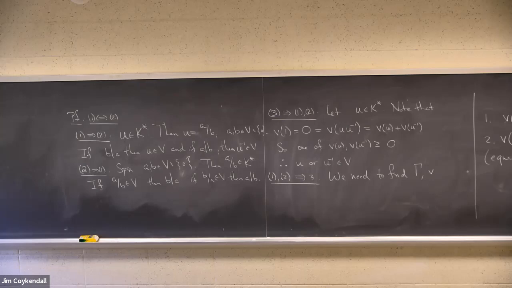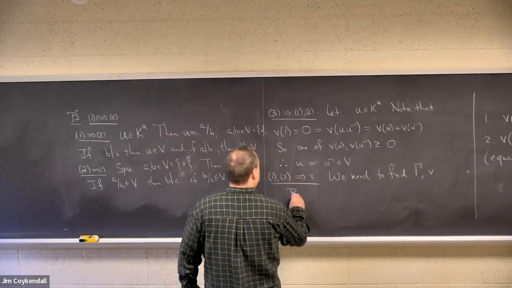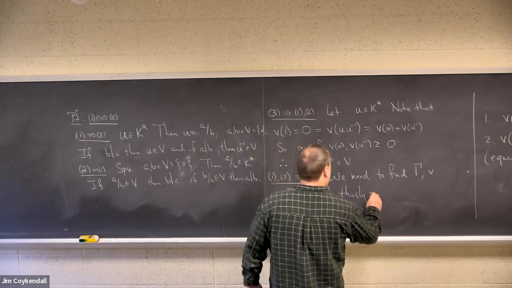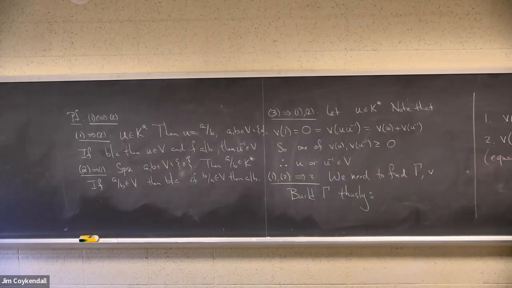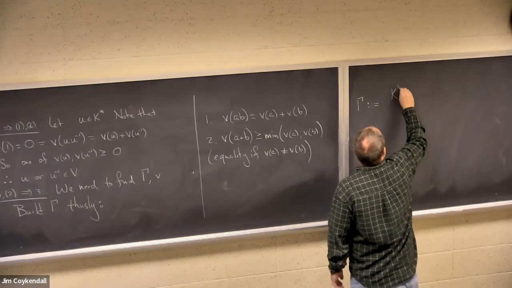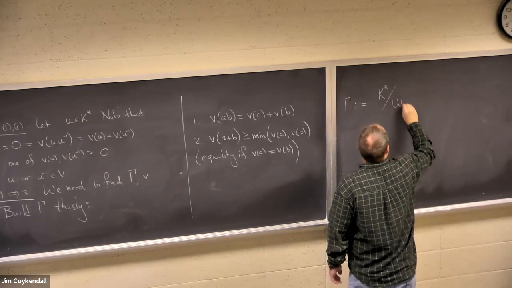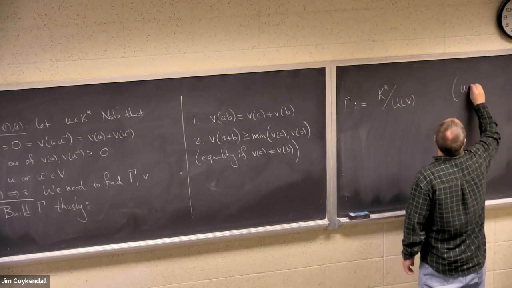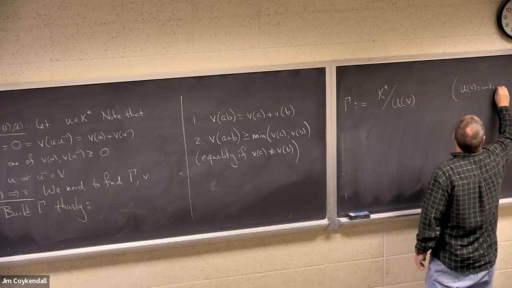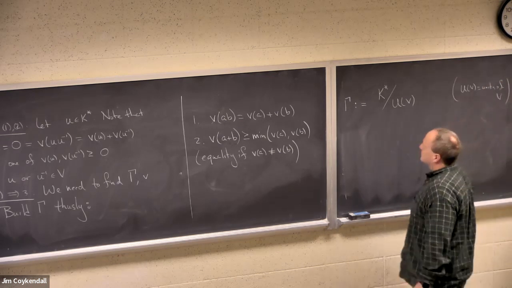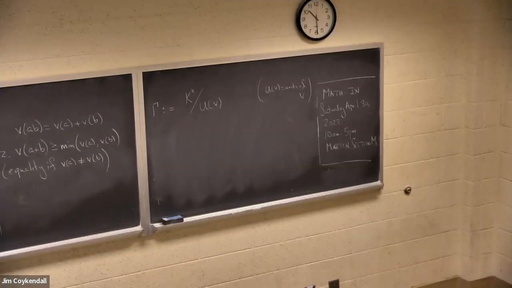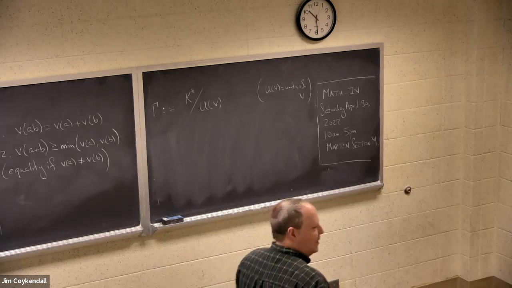I'm going to build a group, call it gamma: K star mod units of V. Notice that K star is the multiplicative group of the non-zero elements of the field.